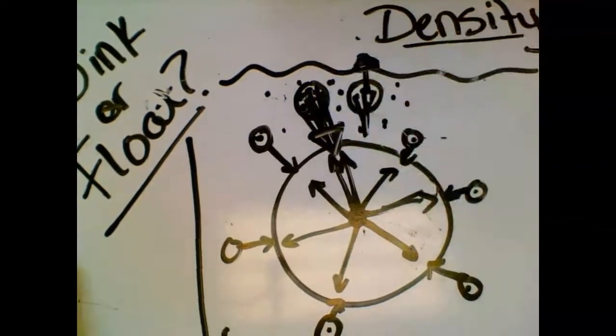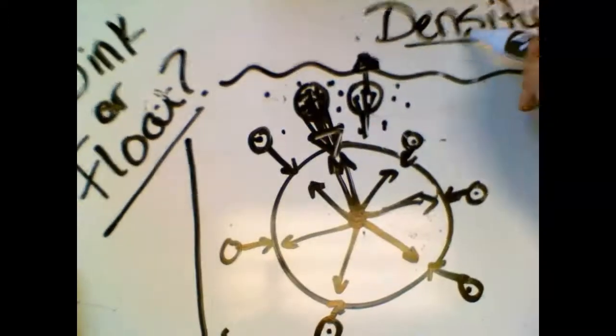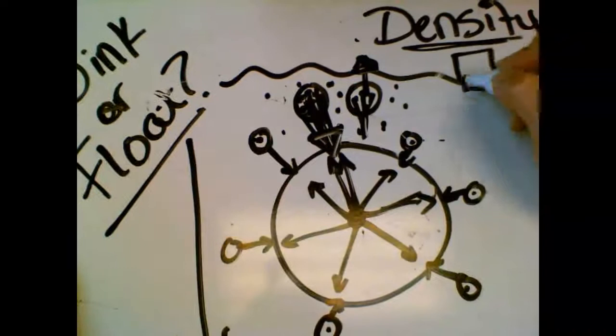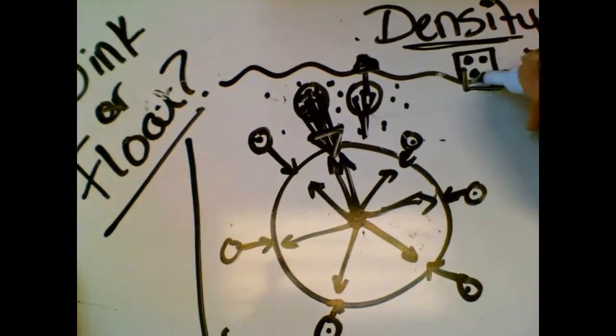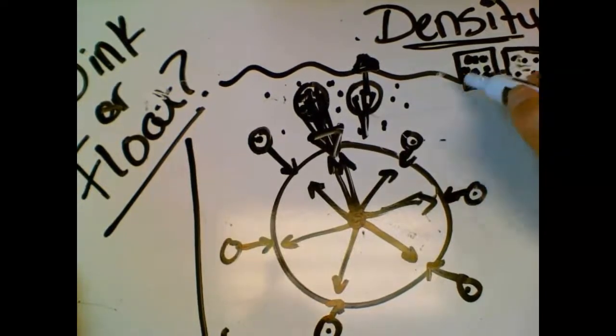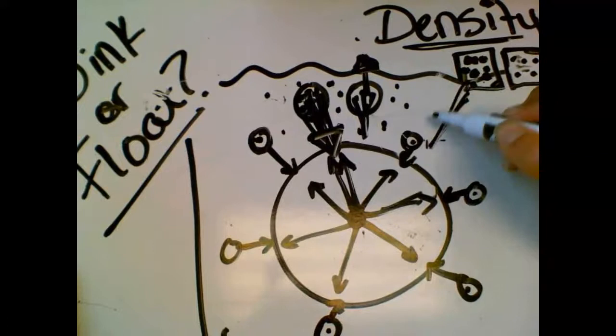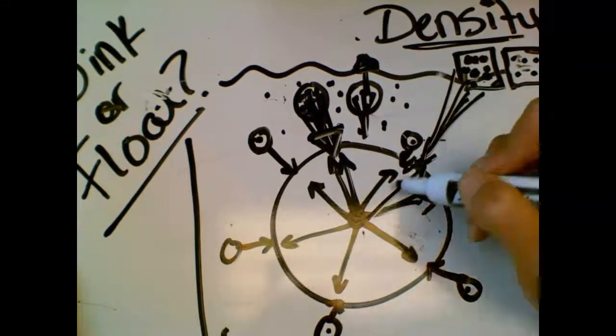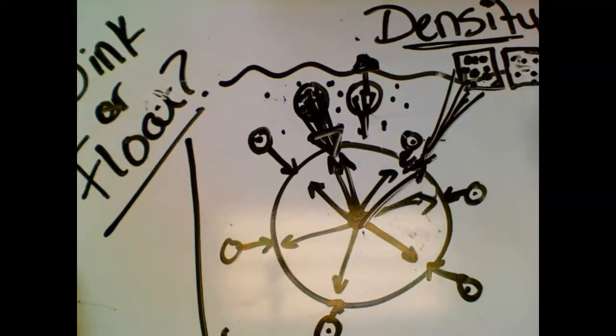You're more dense if you have more stuff in that space, and less dense if you have less stuff, we could say paper clips, in that space. So here, the gravitational force would be stronger between these two objects, because this is pulling on this harder and this is less, so that would float to the top.